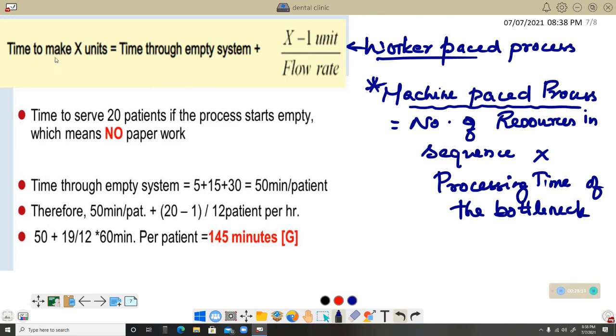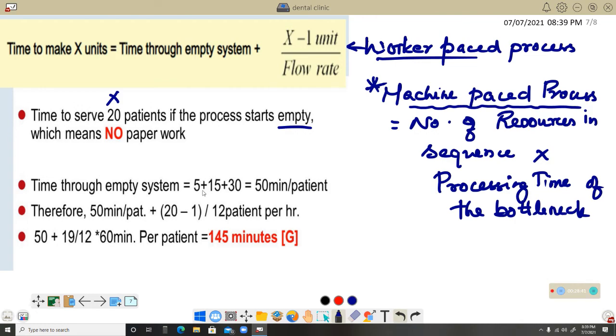For that you can see time to make X units equals time through the empty system plus X minus 1 units divided by flow rate. Here we are given time to serve 20 patients. This 20 patients indicates the X. The process starts empty, right? Which means no paperwork we consider over here. Time through the empty system we have to compute first.